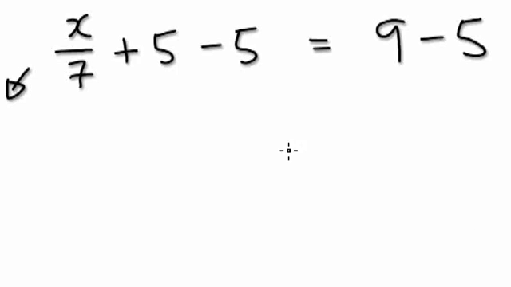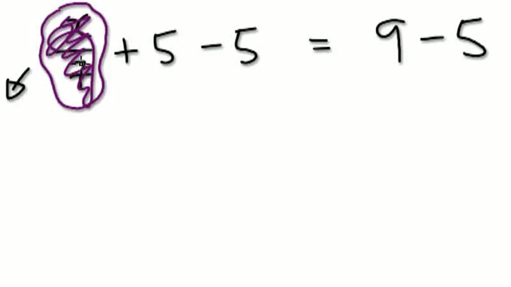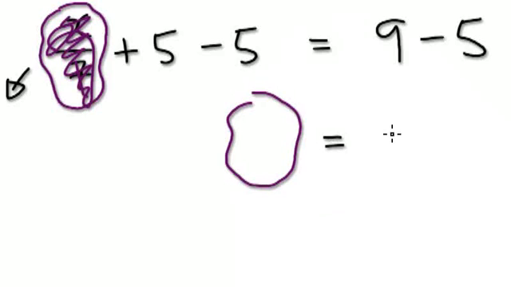Just imagine this is stuck in a bubble at the moment. Plus 5, take away 5, you're just going to be left with that bubble, because plus 5 take away 5 equals that. So 9 take away 5 will be 4.